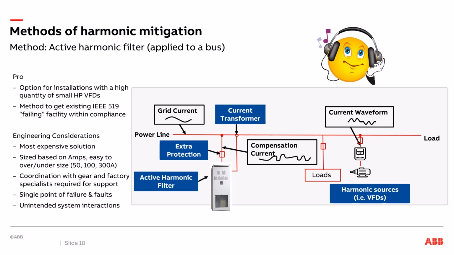The reason was that it was interacting with the EMI RFI, the high frequency noise circuitry in the VFDs. To get rid of that interaction, they had to detune the harmonic filter, so it was never able to get down to 5% THDI because it had been detuned. Again, that was before my time with ABB, but it's just one of those little unexpected nuggets that you can run into.